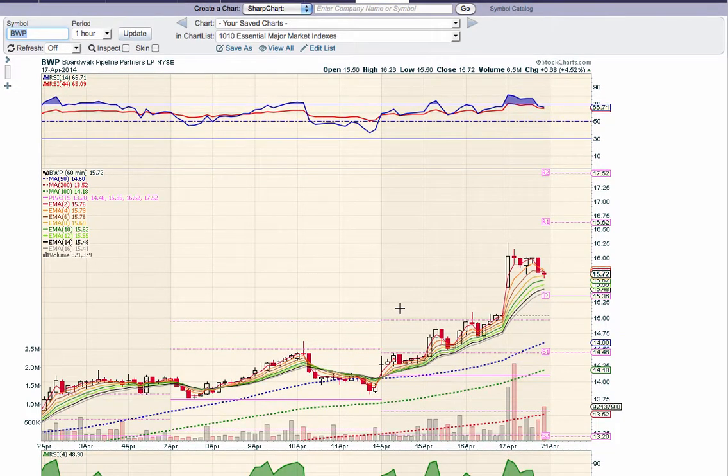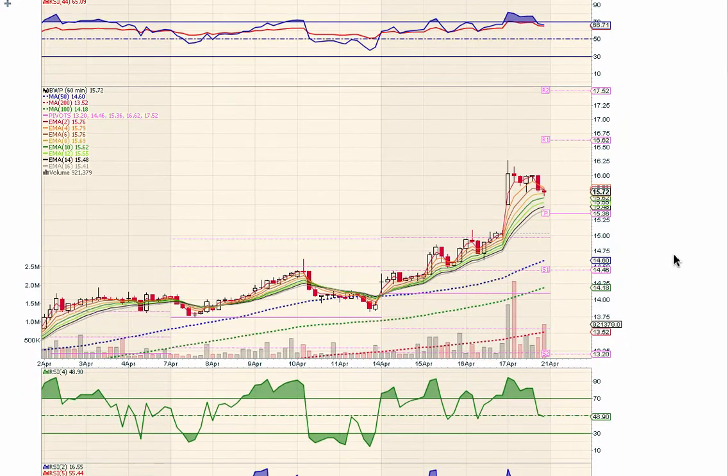Again, it's by the hour, so it looks a lot different than it did on the weekly. The other one looked like it was screaming to the upside. Now you can see how this is reversing.